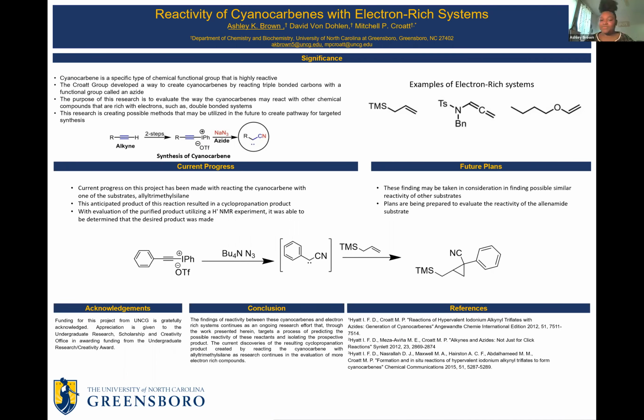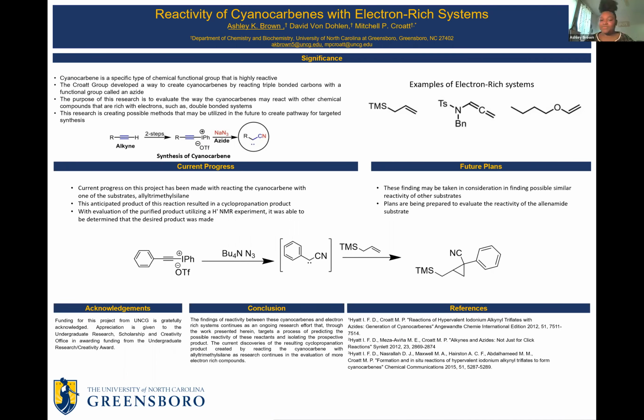Here, I have current progress that I've been making on this project, a substrate that I've listed here as an example, and it is this allyl trimethylsilane here.